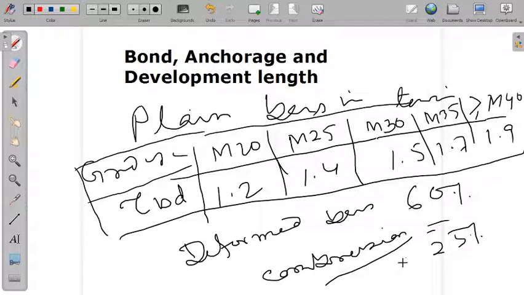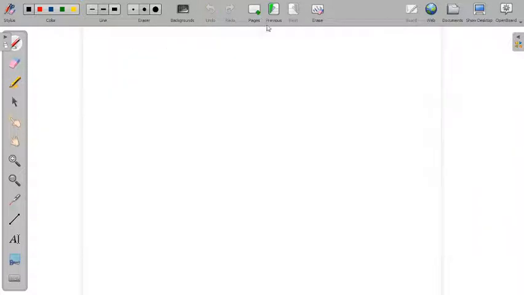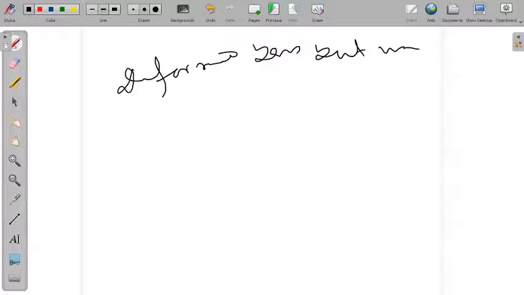Now if the bar is under compression and is a deformed bar, then it will be 1.2 into 1.6 into 1.25. Okay. So what you can see is that the value is increasing for deformed bars under compression.